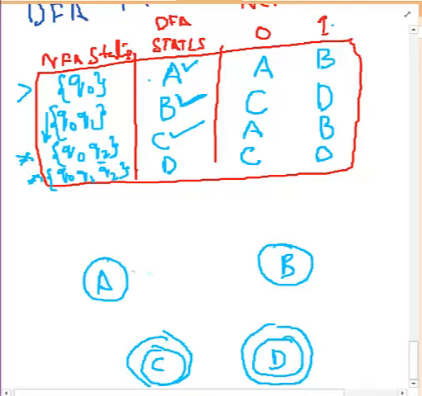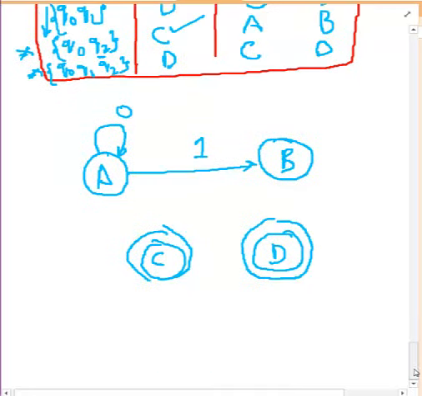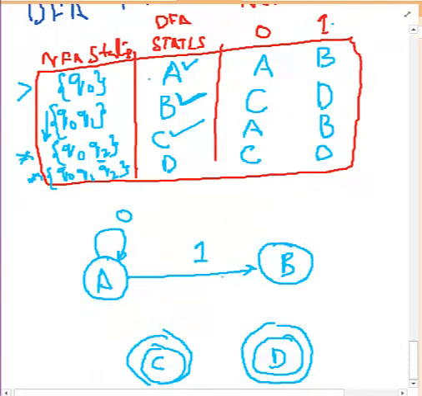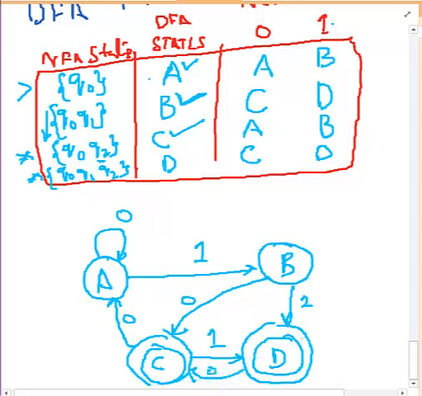Now we have to make arrows. From Q0, that is A, on 0 I go to the same state A, and on 1 I go to B. Similarly from B, on 0 I go to C, and on 1 I go to D. Now I take up C. On 0 I go to A, and on 1 I go to D. Similarly from D, on 0 I go to C, and on 1 I go to D only, so I come back here.